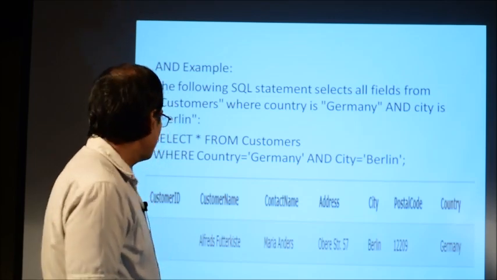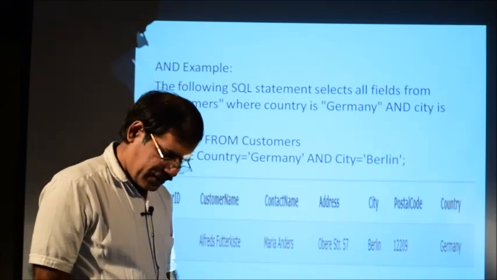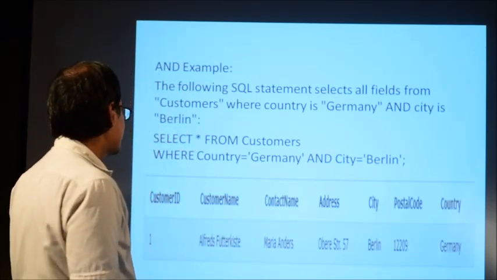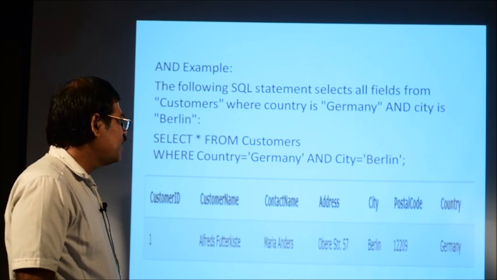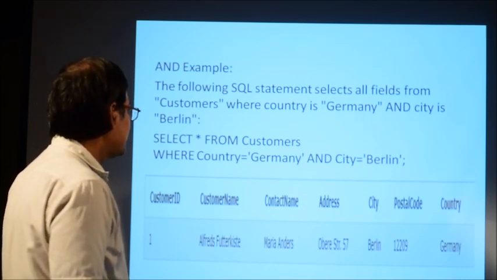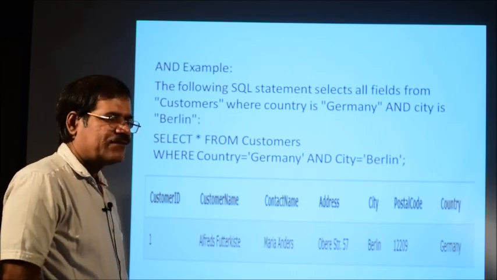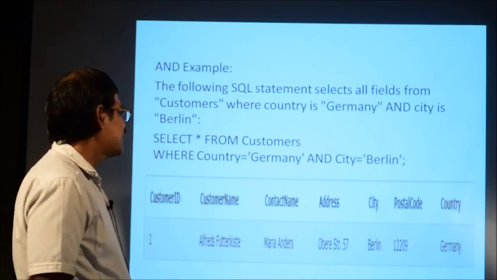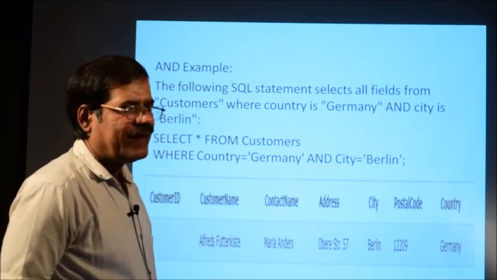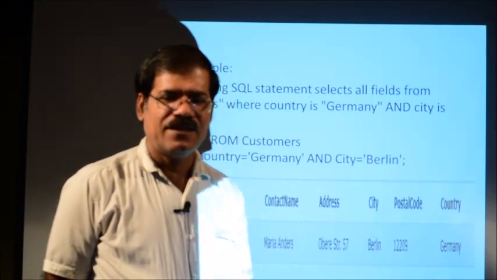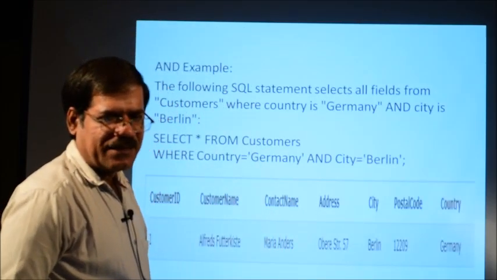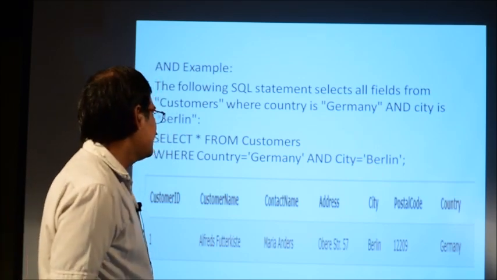In this example only one record is fetched, because only one customer in that table has country Germany and city Berlin. There may be other cities for Germany, but only one record is selected.